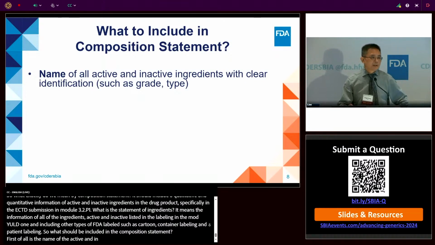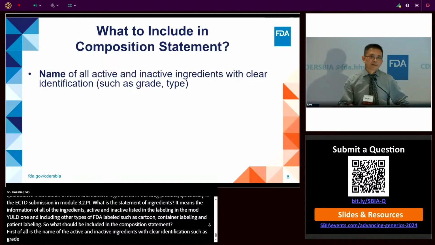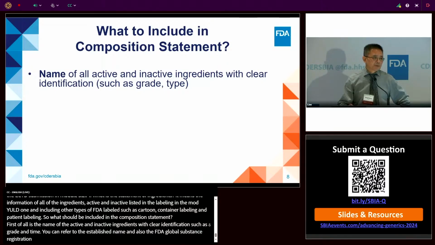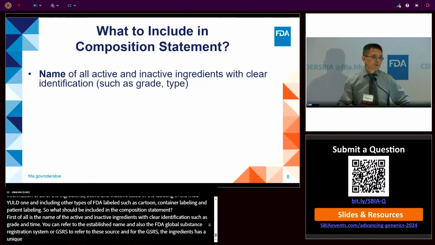For this, you can refer to the established name of the USP-NF monograph, and also the FDA Global Substance Registration System, or GSRS, to refer to these sources. And in the GSRS, the ingredients have a unique ingredient identifier, or UNII code.